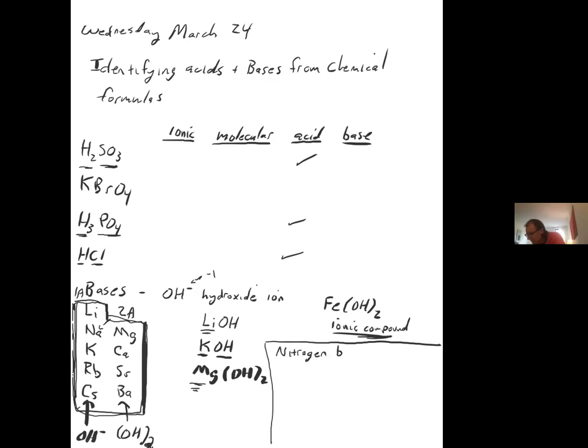And this is a topic that we really get into in Chemistry 1200 because it has a lot to do with pH. Nitrogen bases are typically compounds in which a nitrogen atom is bonded to 1 or more hydrogens.